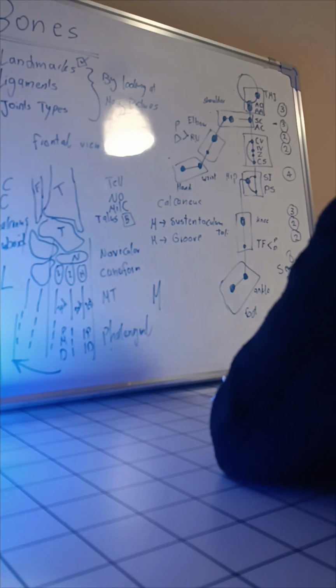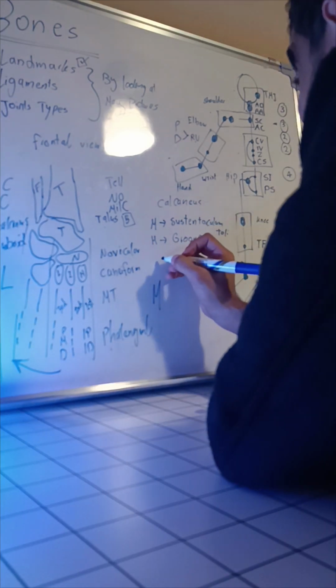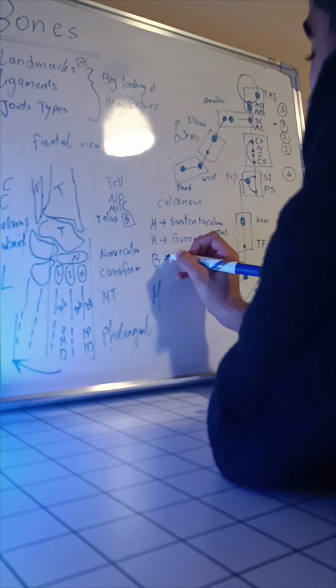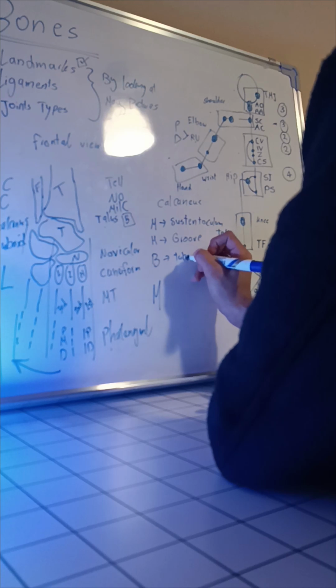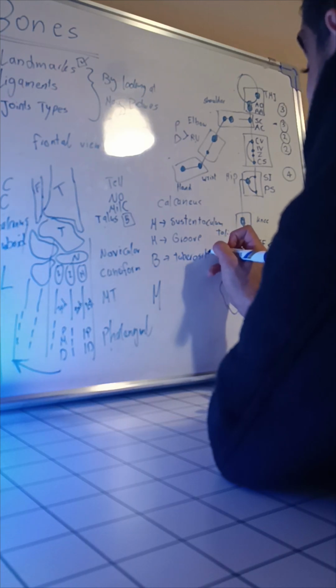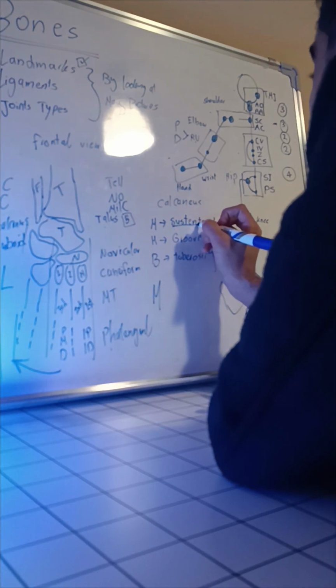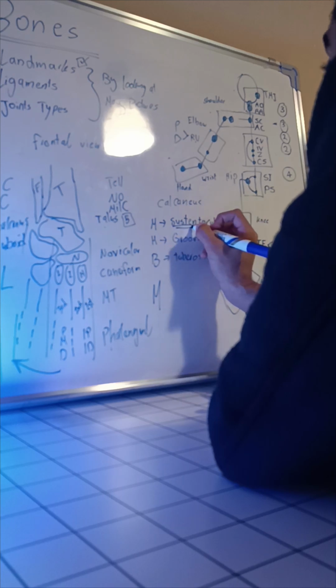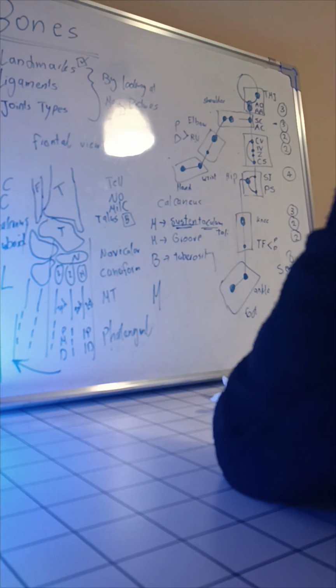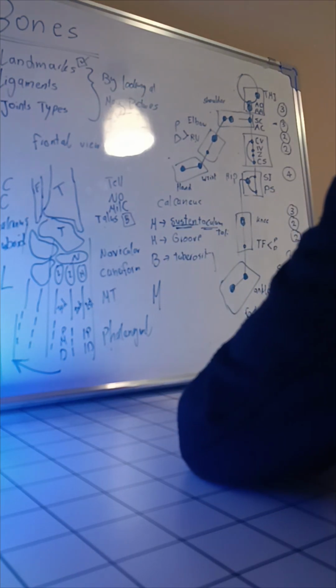And also we're going to have the tuberosity. In the back, we have the tuberosity. The most important is the sustentaculum tali. So these 3 things.